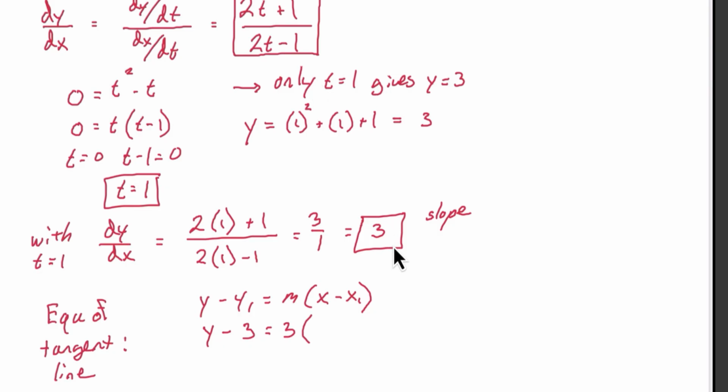Don't confuse those two. And then we have x minus the initial x value, which we were told is 0. So let's put this in slope-intercept form. We get y equals 3x plus 3. And we now have the equation of the tangent line to the curve at the point (0, 3).